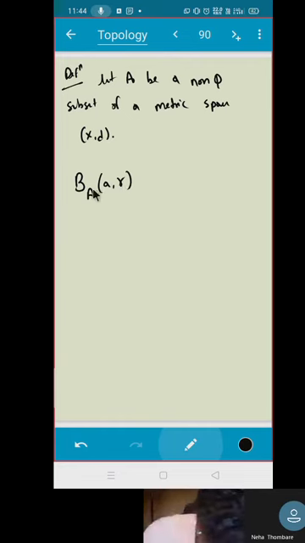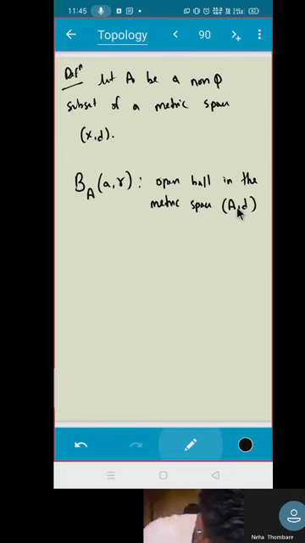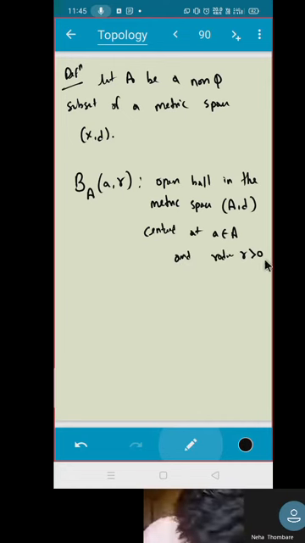This is a new notation for us. That is B_E(a, r), where the suffix E denotes the open ball in the metric space A, d, centered at a and radius r. r should be positive.